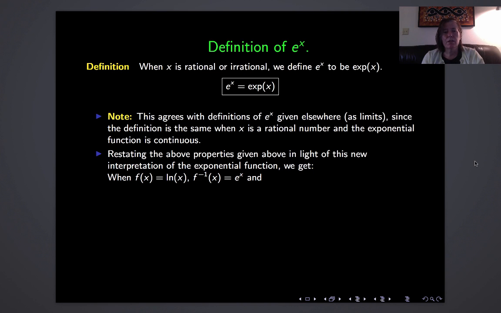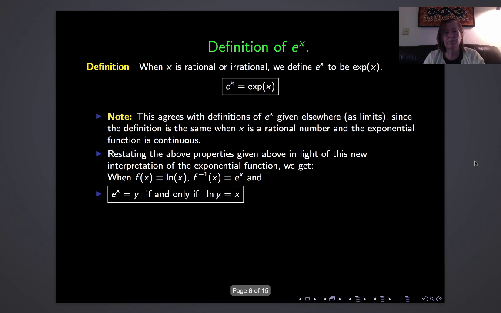So let's restate the above properties in this new light of our formula for the exponential function. We have the inverse function for the logarithm function is now e to the x. We actually have a formula for it, where e is this very special number where the natural log of e equals 1. And we have e to the x equals y is the same as saying that the natural log of y equals x.